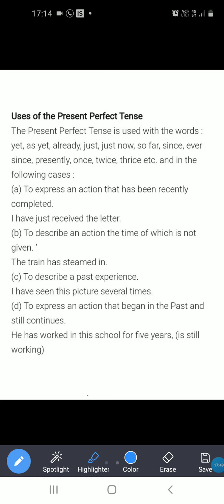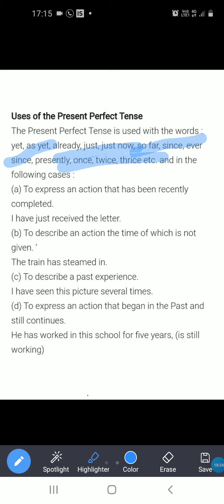Next thing, how to use present perfect tense. These words are used with the words yet, as yet, already, just now, so far, since, ever, ever since, presently, once, twice, thrice, etc. Because present perfect tense is the tense where the action is done, completed or not completed.